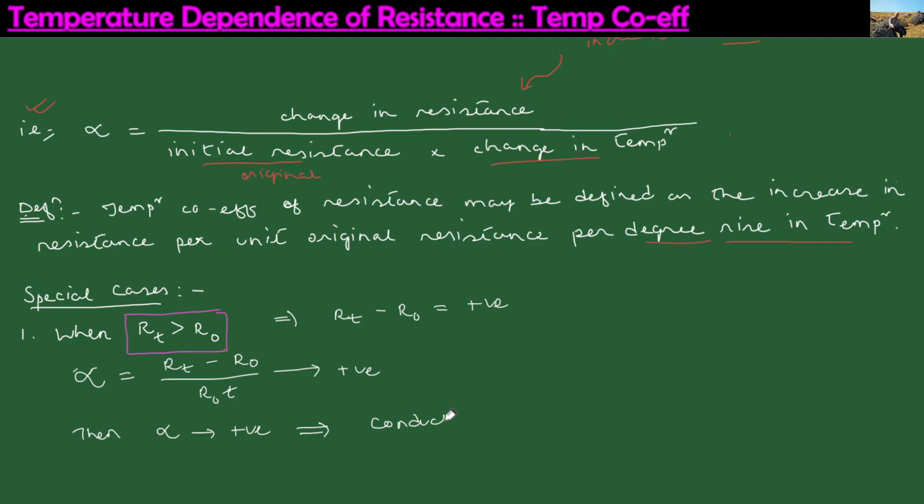Conductors such as aluminium, copper, silver, gold will all have positive values of temperature coefficient of resistance.